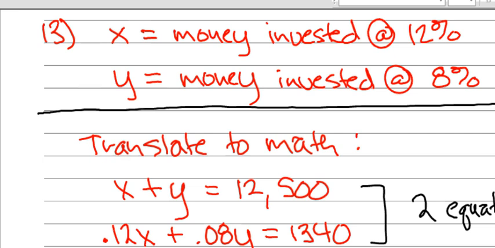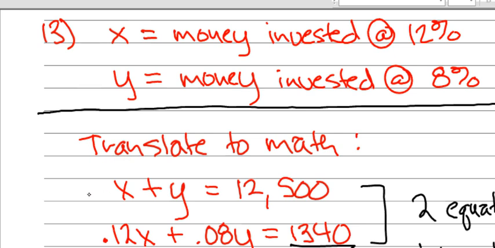Now I know the interest she received is $1,340. Here's the interest. And I know that I have 12% interest and 8% interest. So I'm going to take my 12%, change that to a decimal, and make that 0.12.